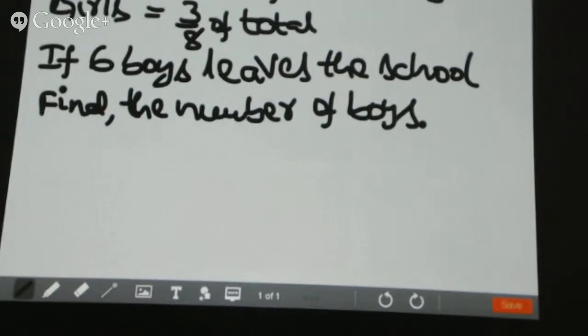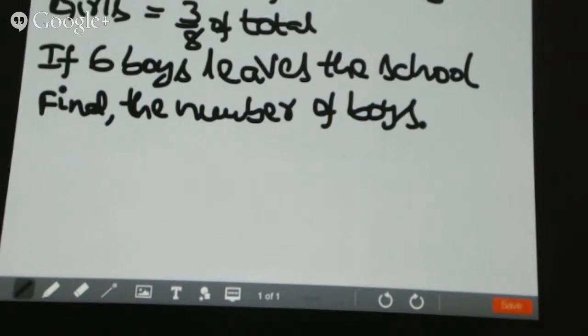Okay, you may start working on this one. There are 40 students in a class. 3/8 of them are girls. If 6 boys leave, I want working. I don't want just a verbal answer. I want the working.